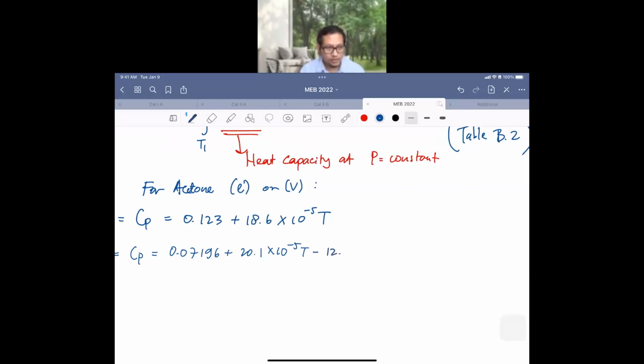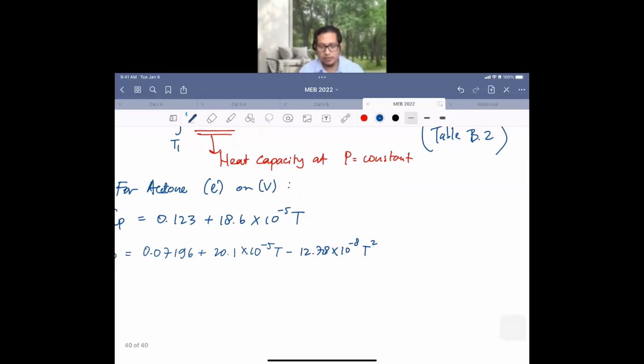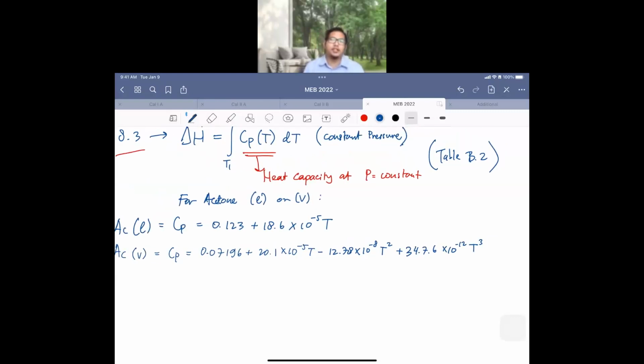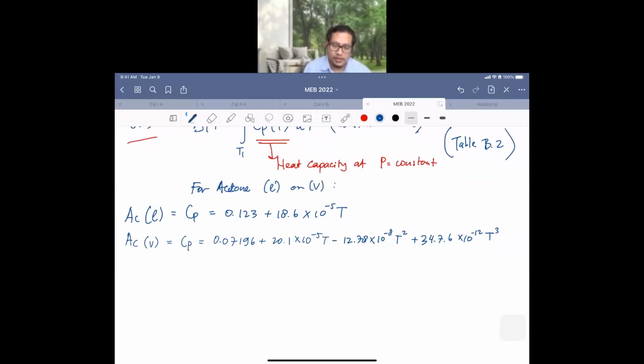Then minus t squared, and then plus 34.76 times 10 to the negative 12 t cubed. A lot of calculation here, but it could be calculated easily through your calculators for all the integrations.